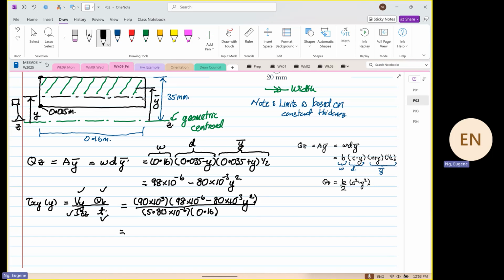Okay. So from here, 90 to the power 3 times 98 to the power minus 6 divided by 5.813 to the power minus 6 divided by 0.16 is equal to 9.483 times 10 to the power 6.